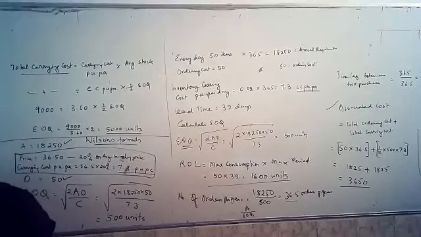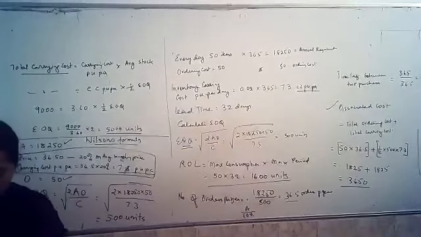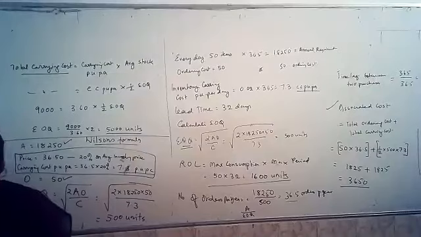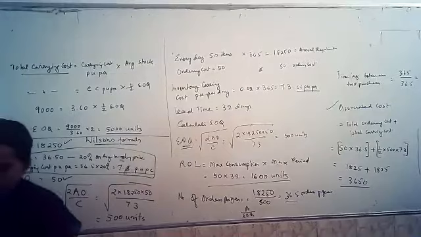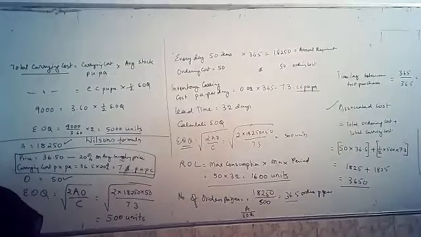There's a 10th problem that speaks about Super Grow fertilizers. Have a look at this particular problem 10. I will read out the problem quickly for you. It says the gardener is deciding on the EOQ for two brands of lawn fertilizers.